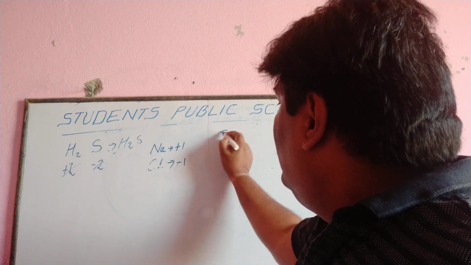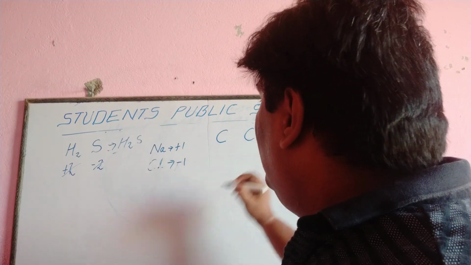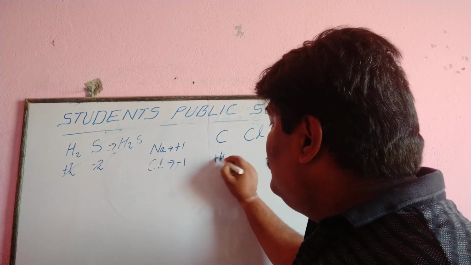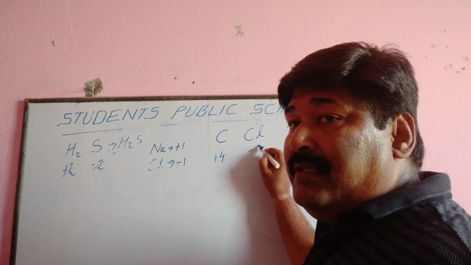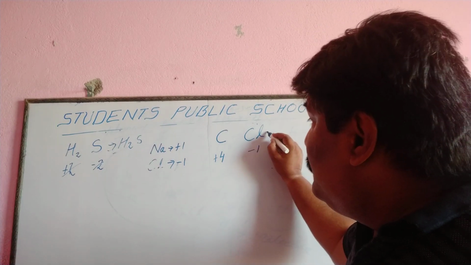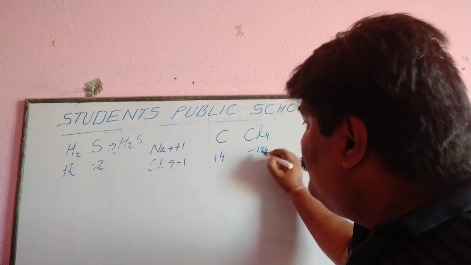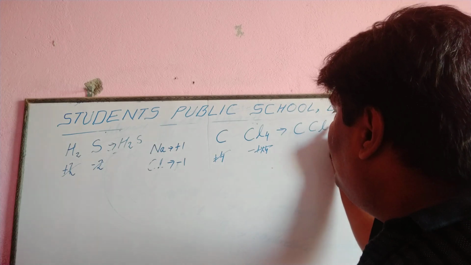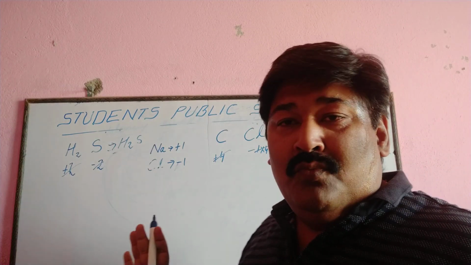C, carbon, chlorine. Now see, what is the charge of carbon? Plus 4. What is the charge of chlorine? Minus 1. Now, minus 4 is required, so we have to take 4 chlorine, then minus 1 into 4 is minus 4. Then they will cancel each other. The formula is CCl4. Is it easy?